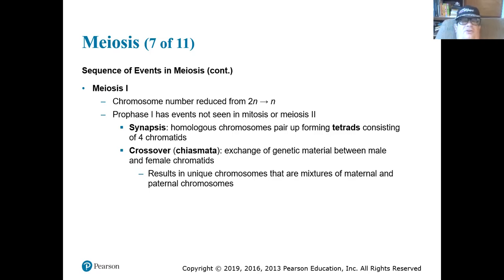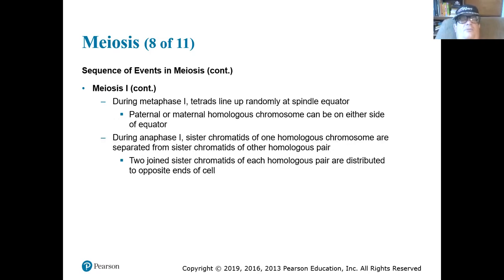Yeah, good. All right, so meiosis 1, at metaphase 1, we are going to line up in tetrads. And then at anaphase, we will separate the pairs. Okay. So during meiosis 1, tetrads line up randomly. That's totally true. The first tetrad here, you could have the double dad chromosome here, and the double mom chromosome here.